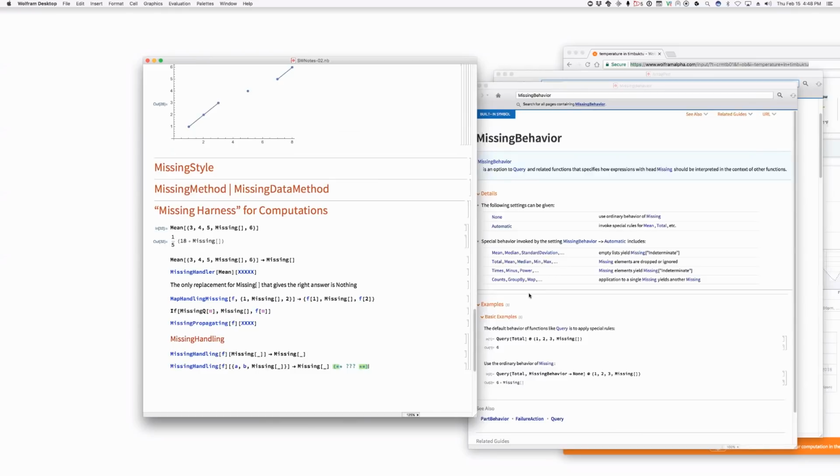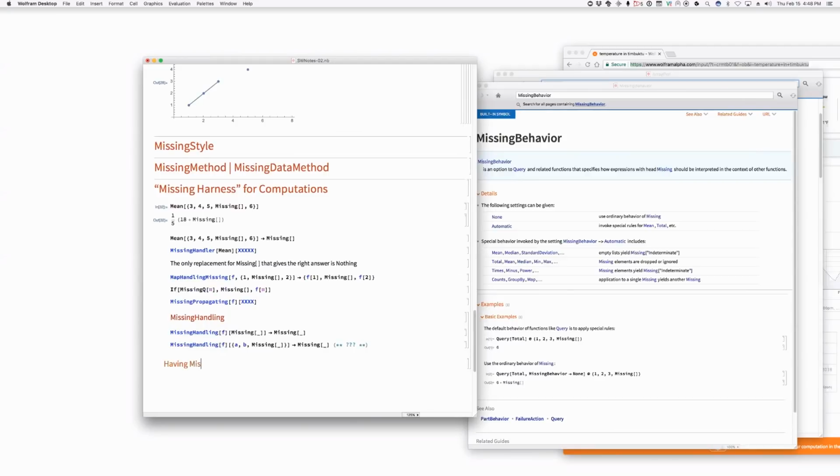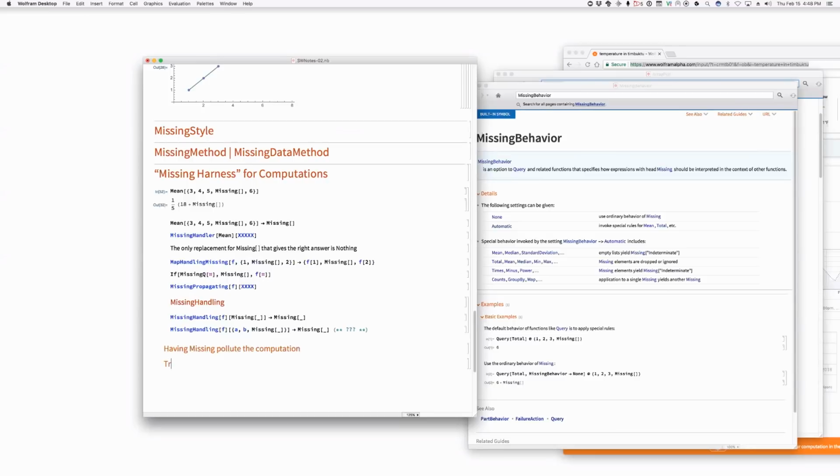In this behavior here, there are really two things. There's have missing pollute everything. That's case number one. And case number two, try to ignore the missing. Try to compute around the missing, basically.